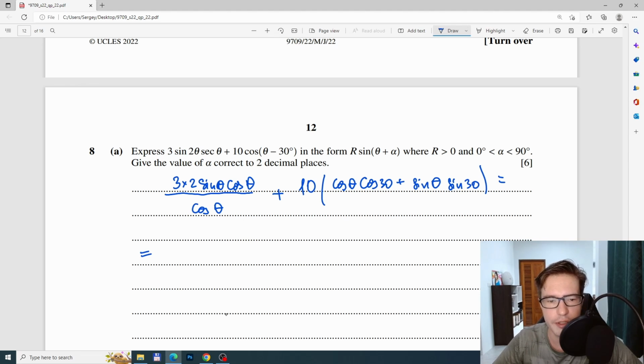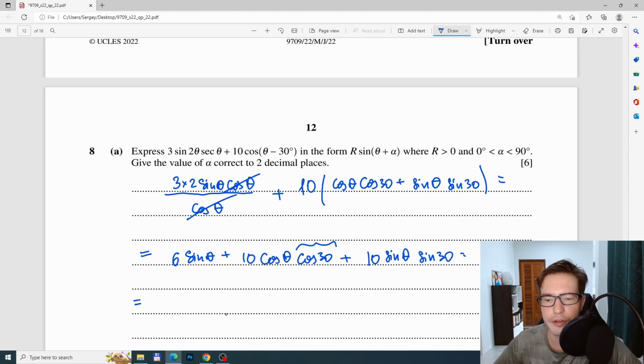Okay, now let's simplify a little bit. Cosine cancels out. 3 times 2 is 6. Expand the brackets. Okay, and let's substitute cosine 30 and sine 30.